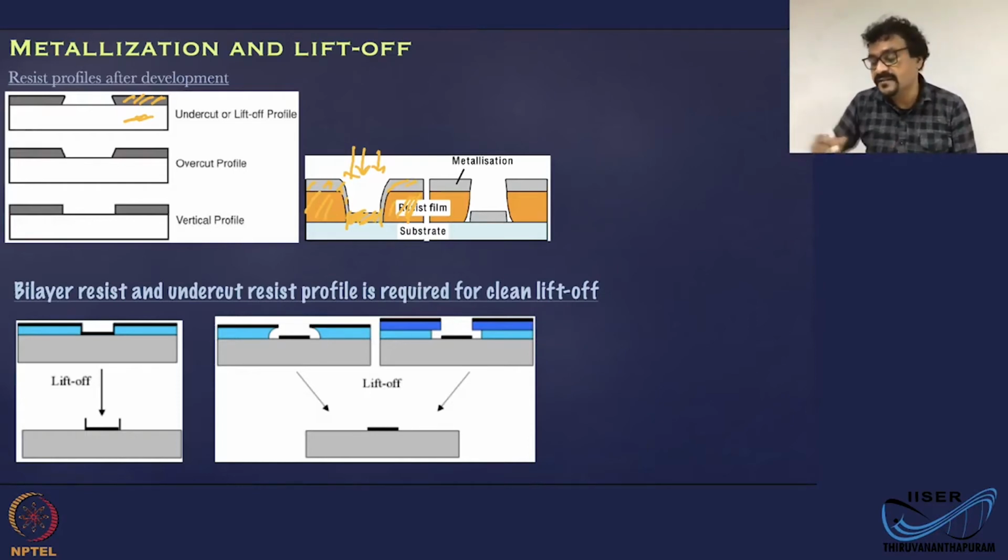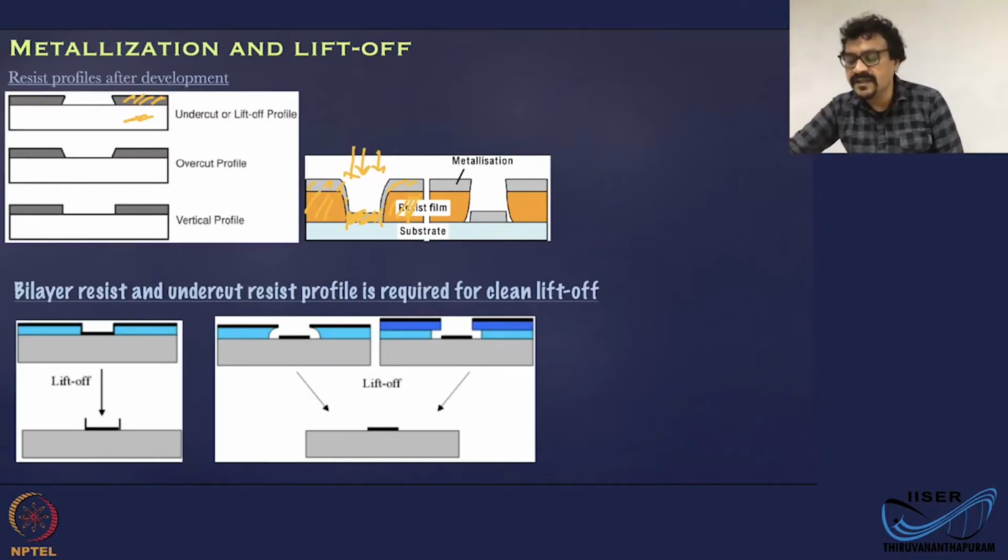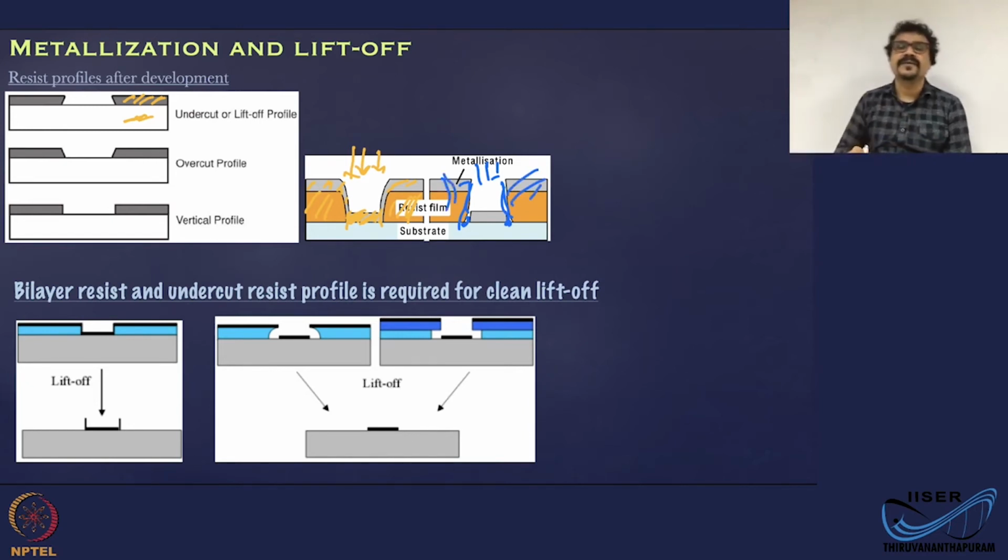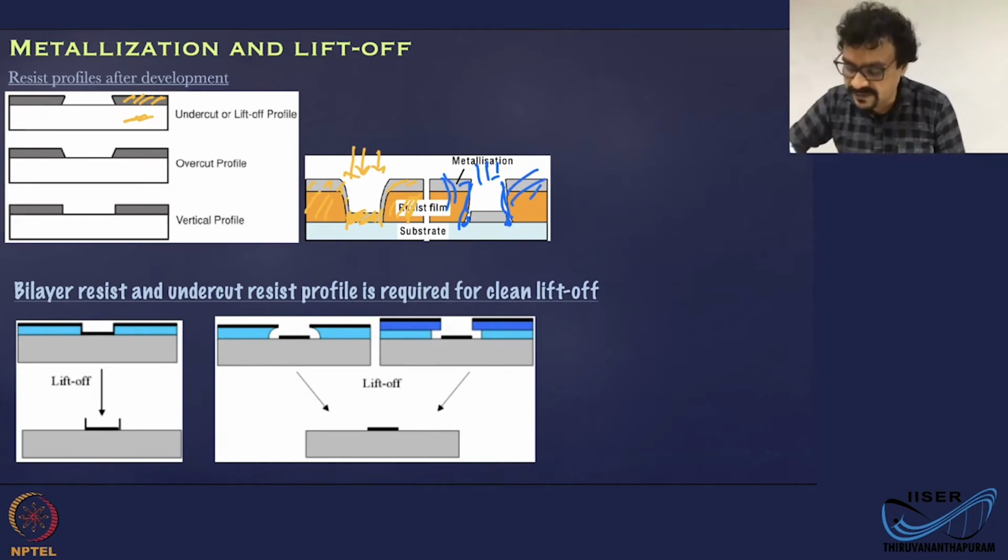But in this case, since it's a continuous film, the lift off will not be clean, because lift off needs something like an undercut profile where you have a wider bottom region, so that when you deposit metal, you get breaks or a discontinuous film, so that it's easy to peel off this region and this region. So that you will eventually end up with only this piece of metal on the surface.